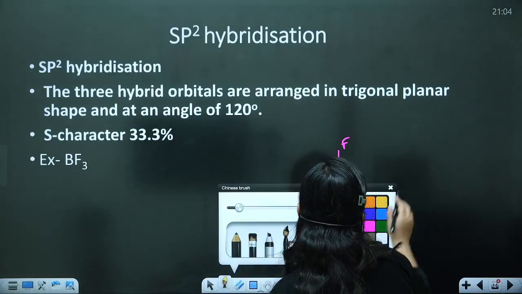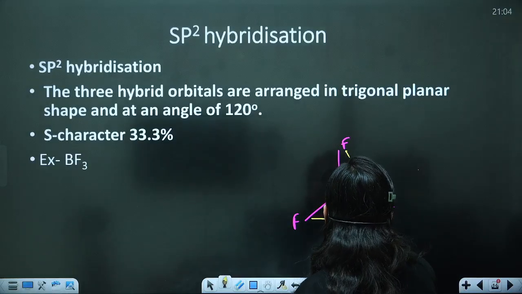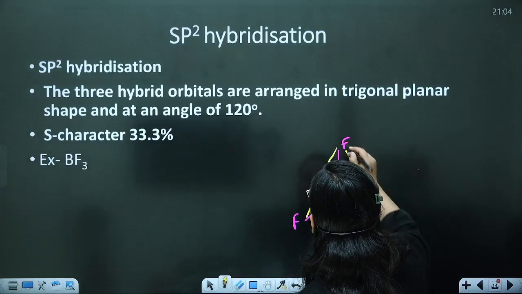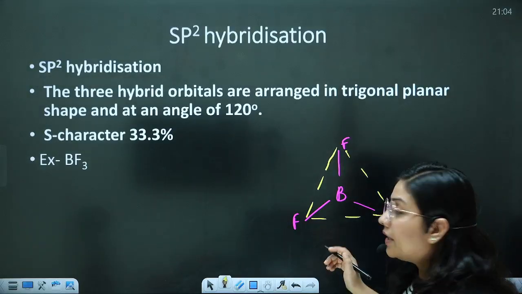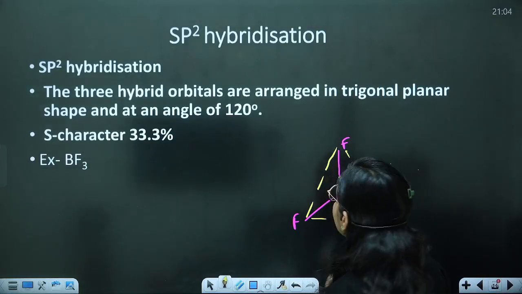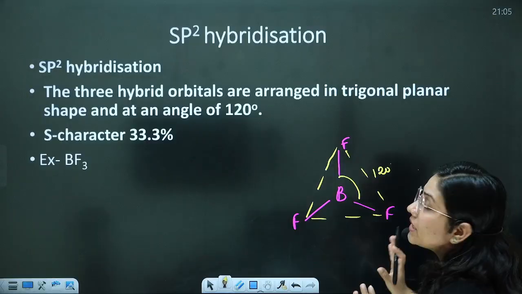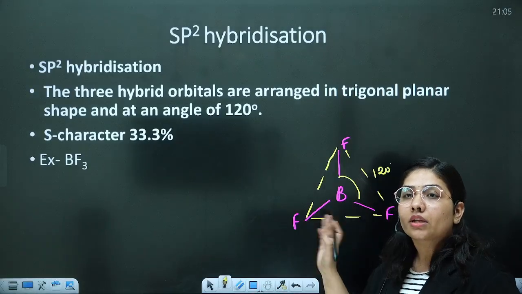Okay, let's join them. So this will be the geometry of BF3. Here you can clearly see this angle is 120 degree. Okay, we can see that these are at equal distance from each other.